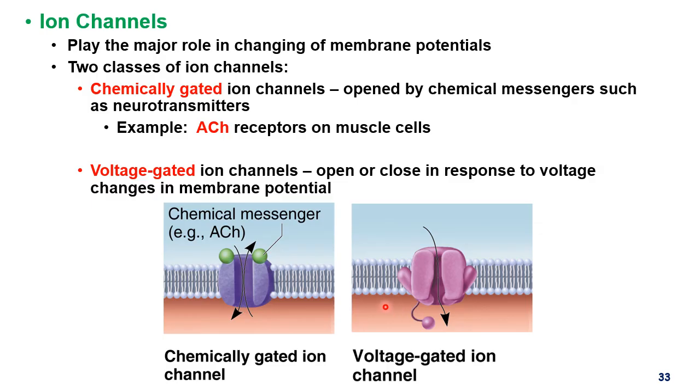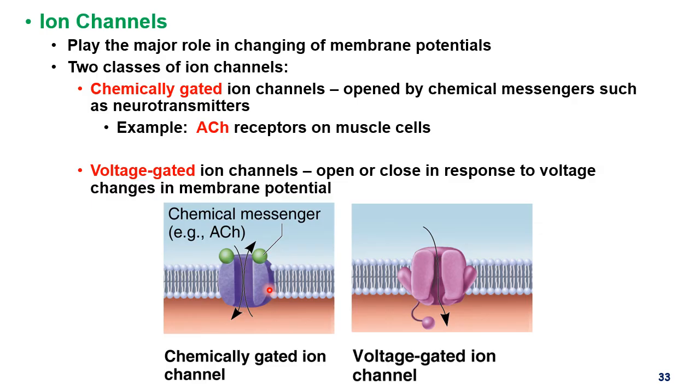When it's negative, when it's resting, this channel is closed. When this potential becomes more positive, this channel will feel it and it will open. It's also a sodium channel. This one doesn't depend on the chemical, but on the voltage. So you call this a voltage-gated channel. So you have two important channels here.